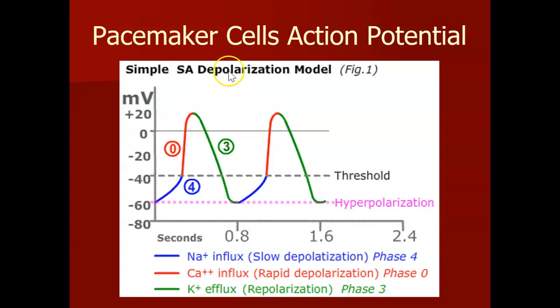Then at the very peak of depolarization, the potassium channels are going to open and the calcium channels are going to close. Potassium then is going to leave the cell and go back to the outside of the cell, thus causing the inside of the cell to start to become more negative again, okay?